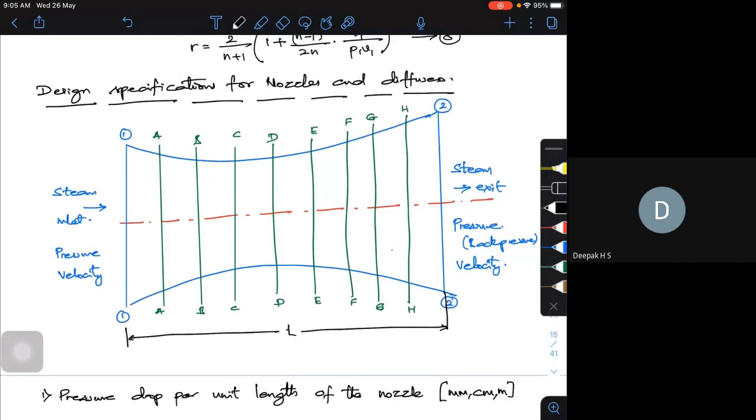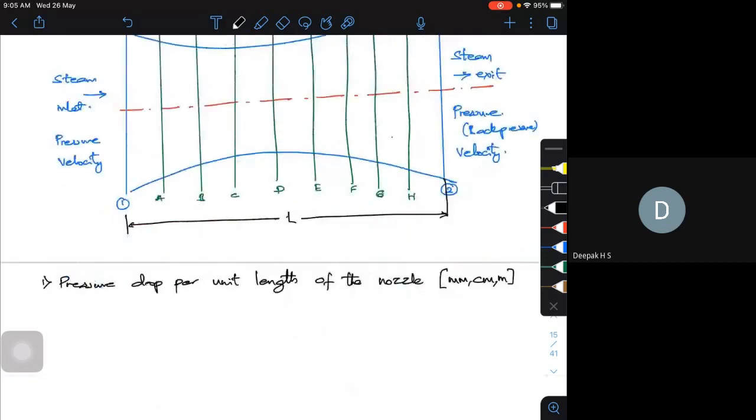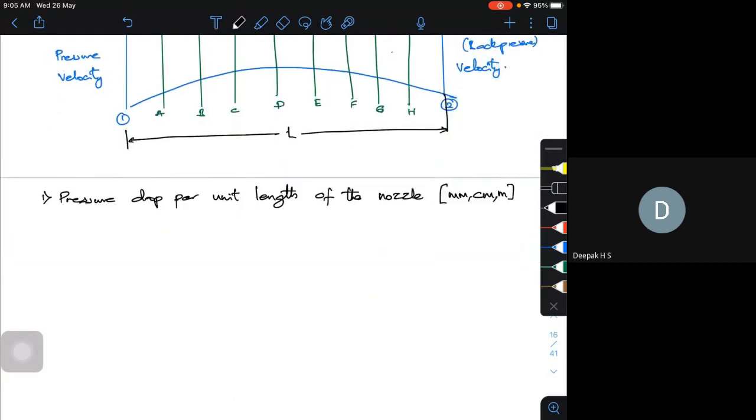When I go with the size of the nozzle, it all depends on the quantity of the fluid that is flowing in. Here the quantity of fluid is the discharge of steam. So the size of the nozzle should be proportional to your discharge of the working fluid, that is your steam.